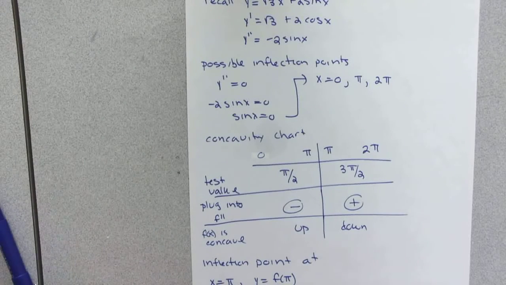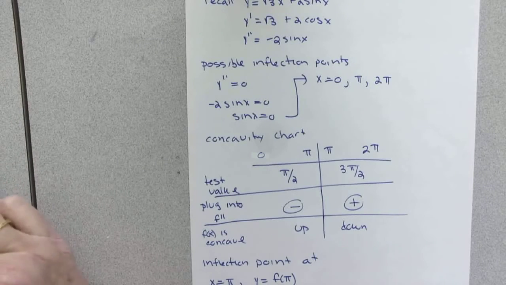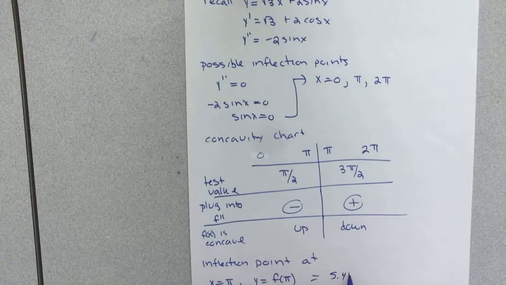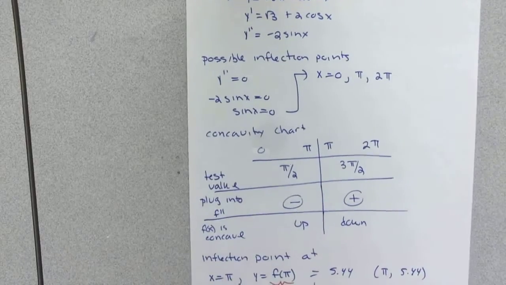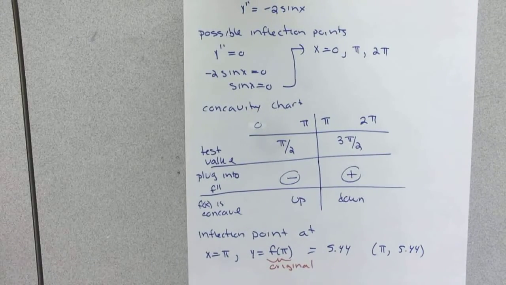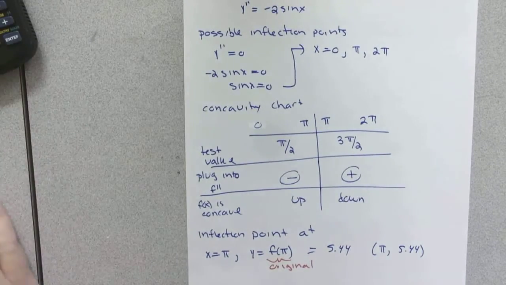And because they're graphing, I'm going to let you use decimals here. So when I plug pi into the original function, hopefully I get correctly 5.44, and so (pi, 5.44) is my inflection point. And so there are all my calculations.